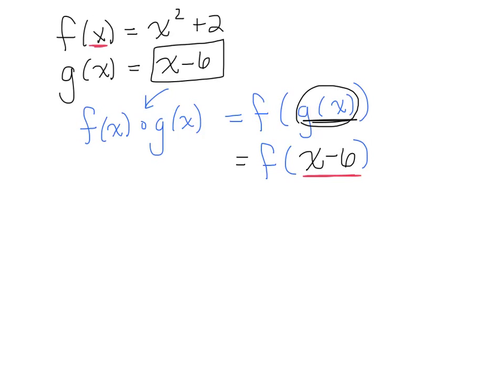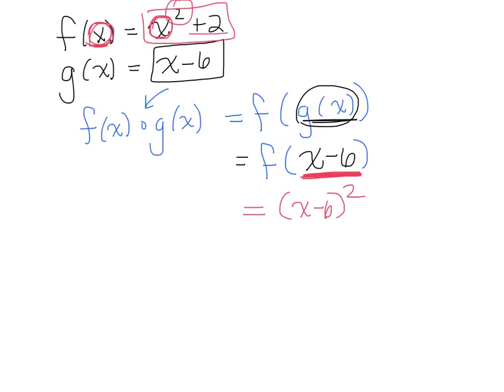It's going to replace this X here in the definition. Alright? So instead of having just an X, like I had up here, now I have an X minus 6. So let me go up here and redo this where I replace that X with my X minus 6. So that X becomes X minus 6, and remember it got squared.